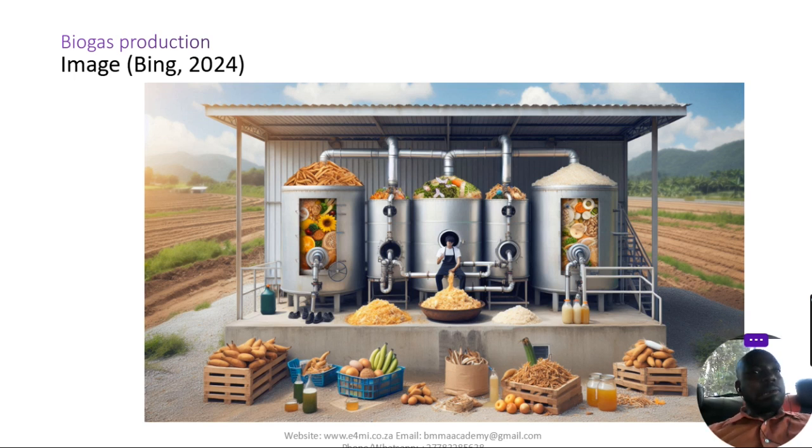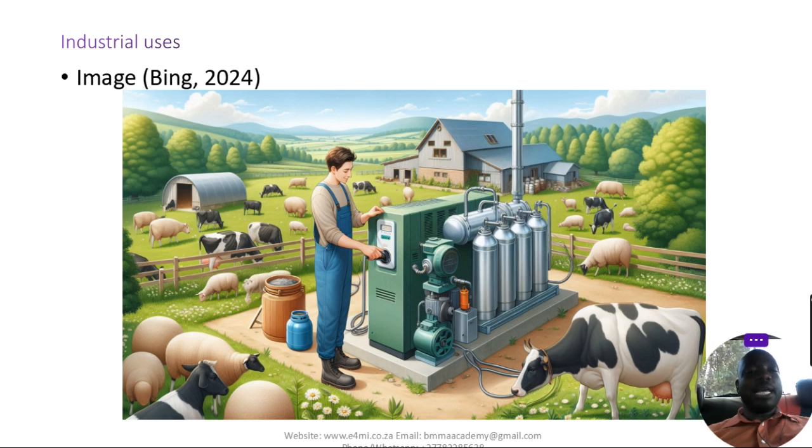The refuse that comes out of this process is also used as stock feed. Pigs enjoy it a lot, even chickens, and even dairy cows as well. So you are not going to be throwing away anything, but everything is going to be useful in various aspects of your life.